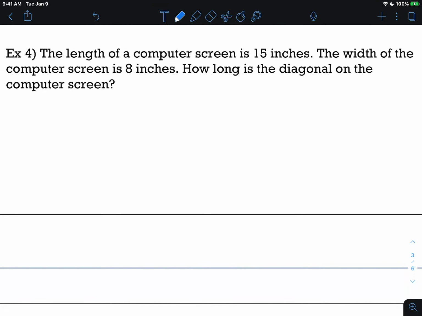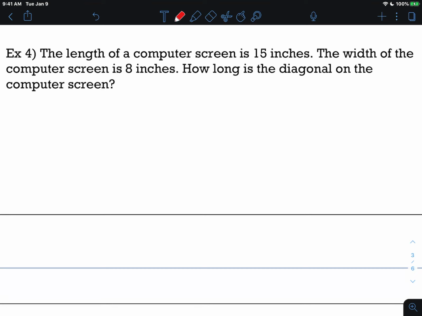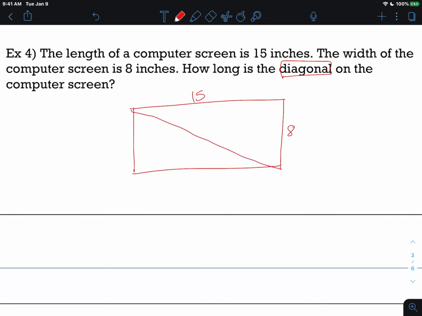Number 4. The length of the computer screen is 15 inches. The width of the computer screen is 8 inches. How long is the diagonal? So let's just draw something that looks like a computer screen, 15, 8, and they said diagonal.